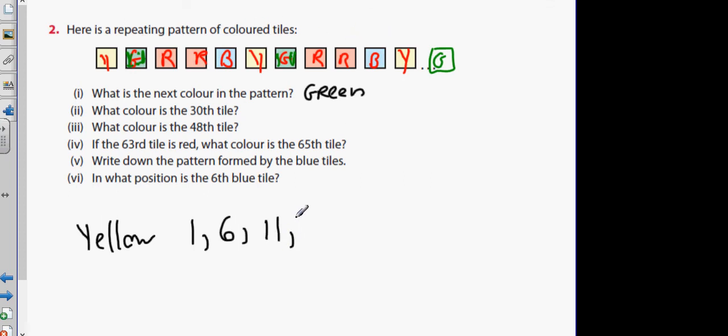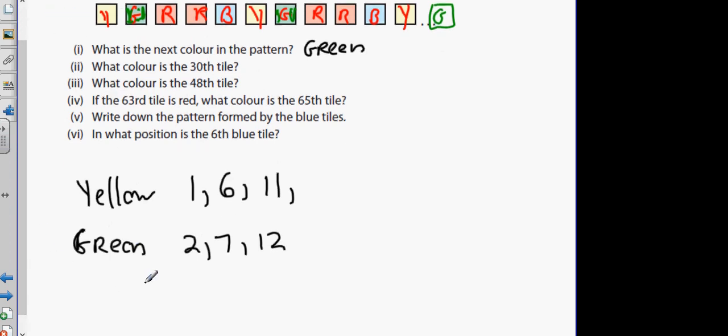We now know what sequence yellow goes through, right? What about red? Or sorry, green. Green goes through 2, 7, 12. Goes up by 5 each time, correct?